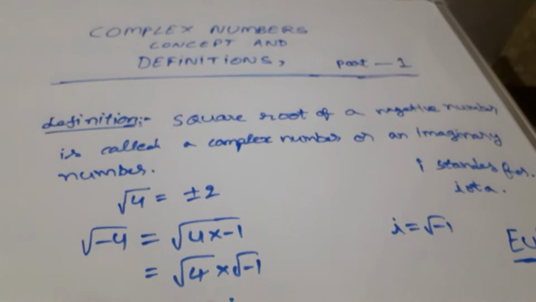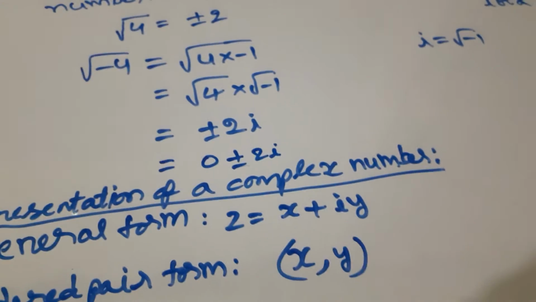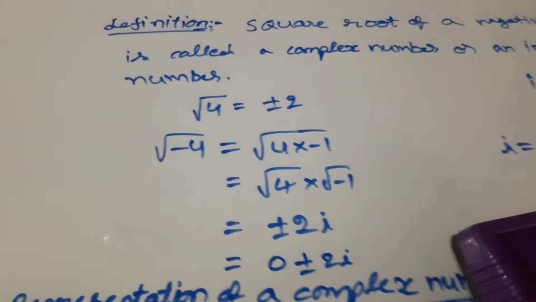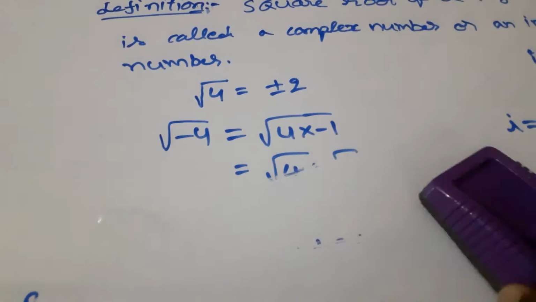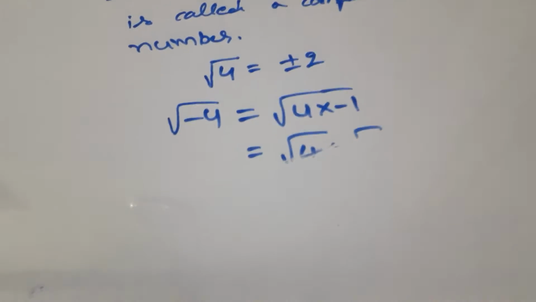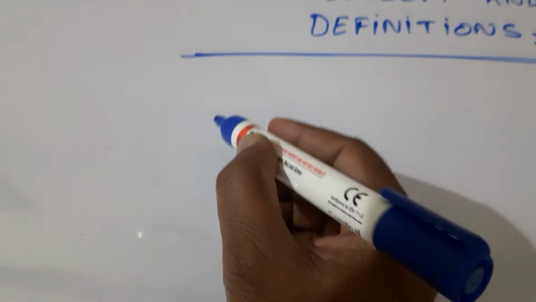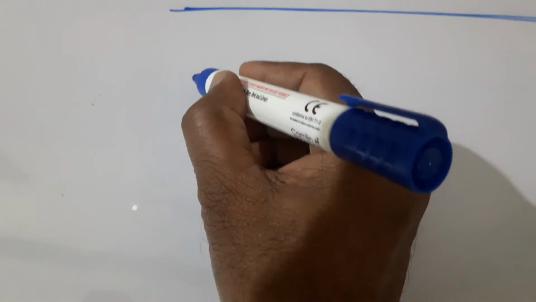Okay. Now let us see how to add two complex numbers. Addition of complex numbers.